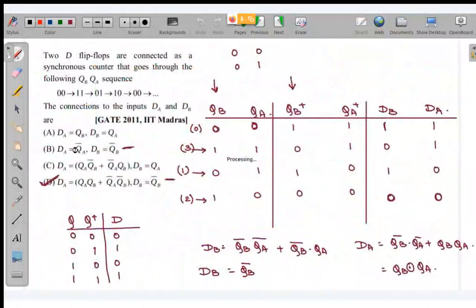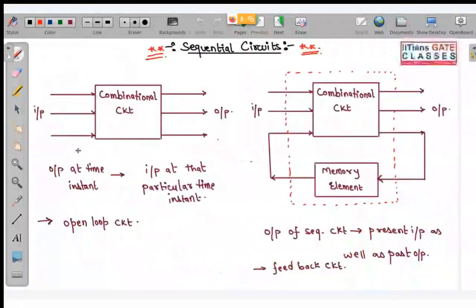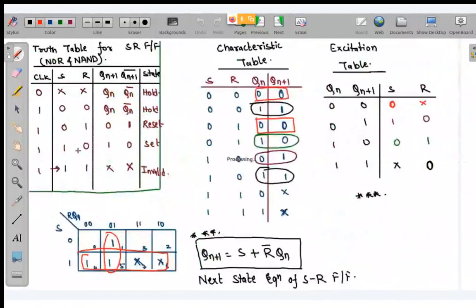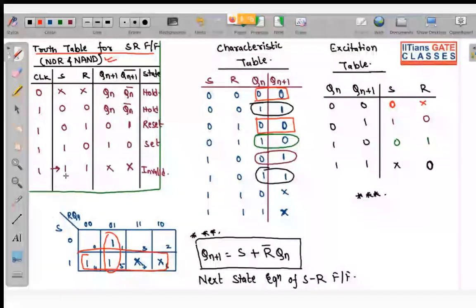How is this possible? You guys are forgetting everything. Yes, so this is the place. For an SR flip-flop, 1 1 means invalid state.